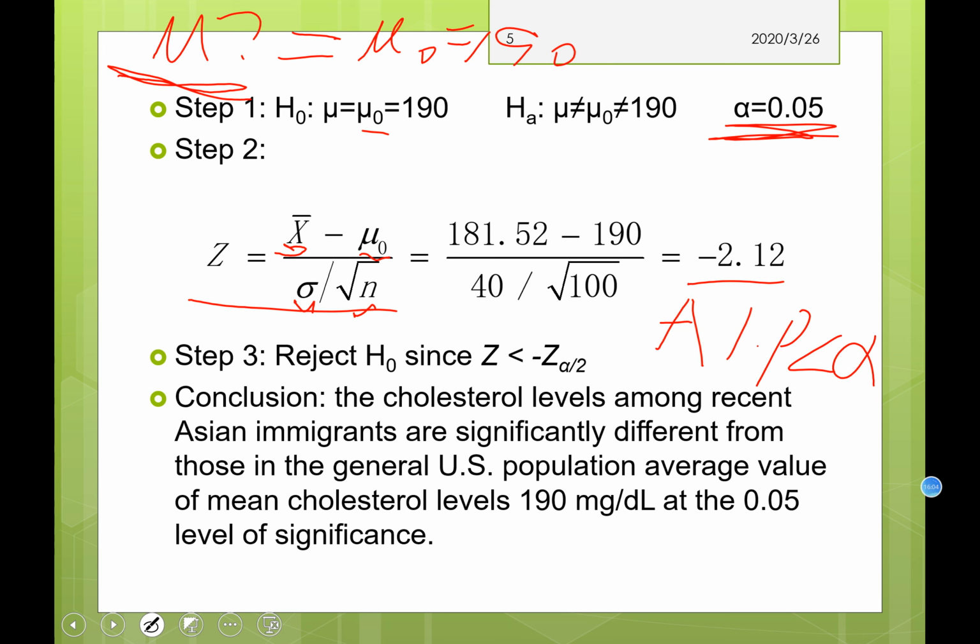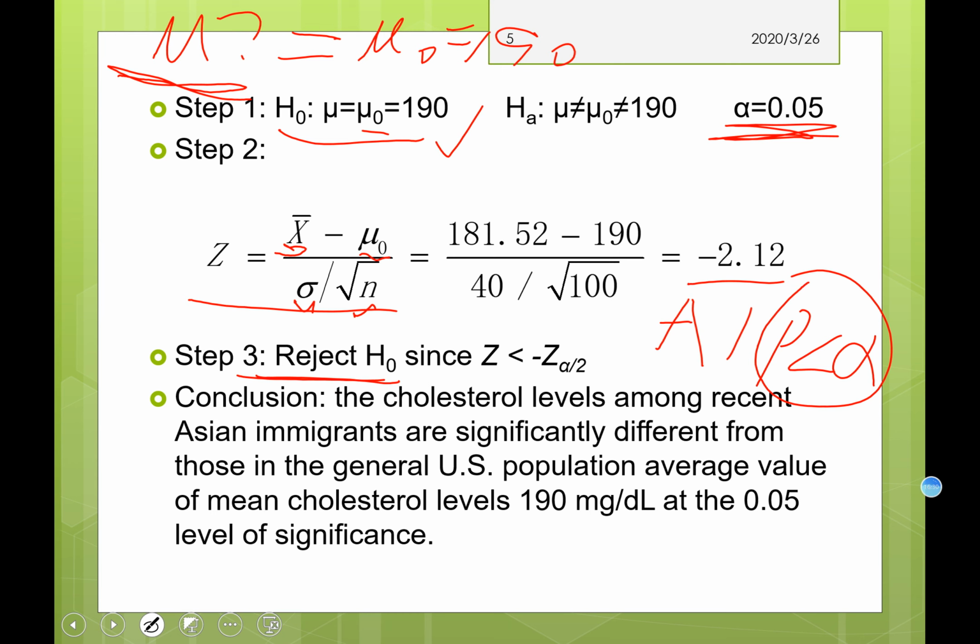Because if we suppose H0 is true, we get something with a very, very small probability. So that means what we suppose to be true is not really true. So we reject H0. Here we reject H0.